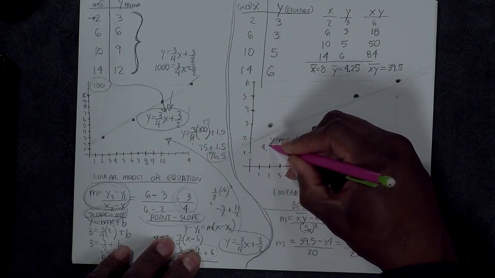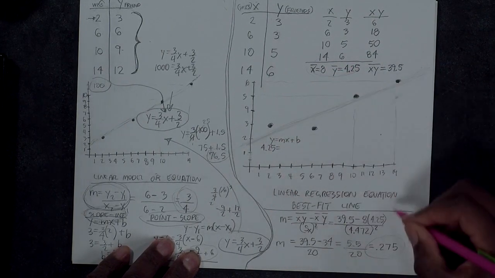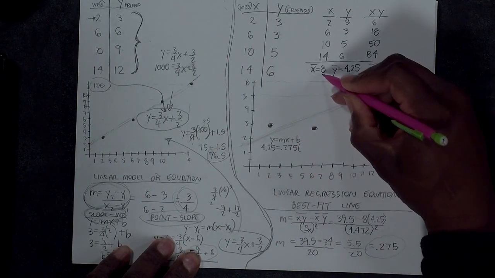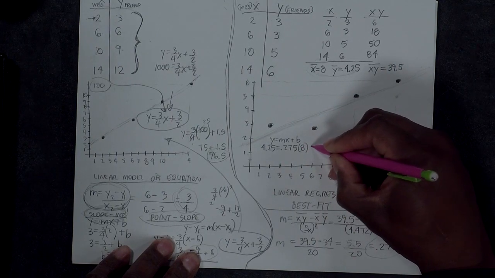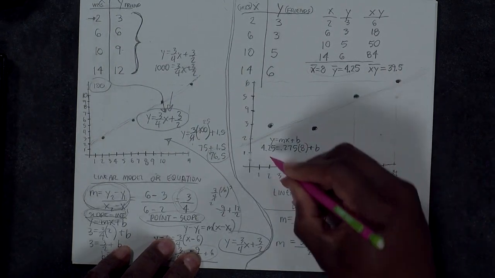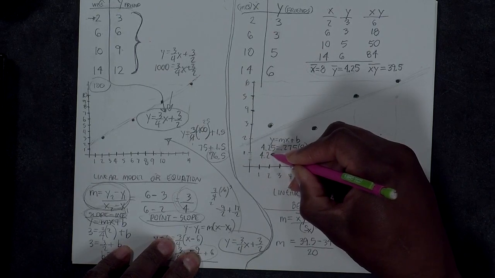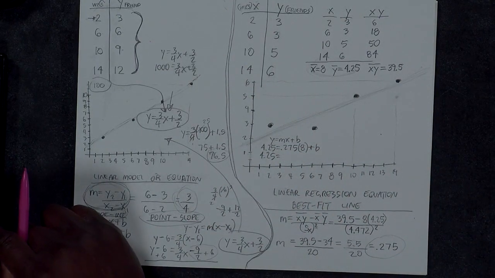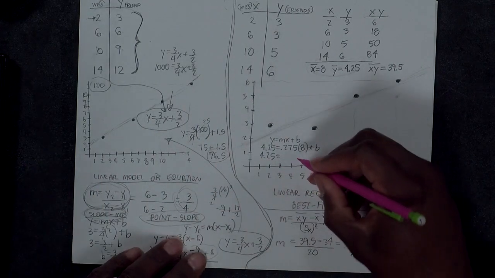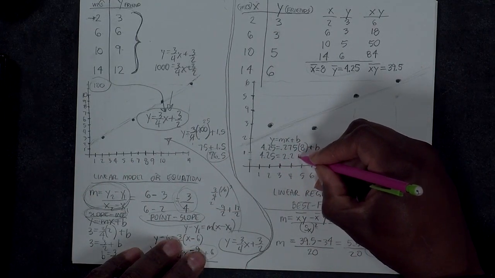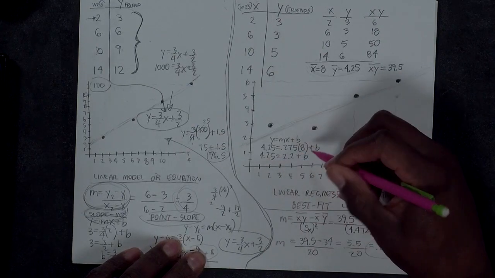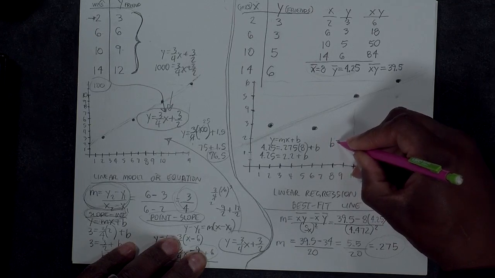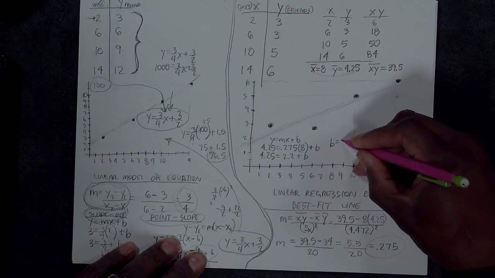So we get 4.25 is equal to our slope of 0.275 times x, which is 8, plus the y-intercept. So 4.25 is equal to 0.275 times 8, which is 2.2, plus the y-intercept. You subtract that on both sides, 4.25 minus 2.2, and you get the y-intercept is 2.05.